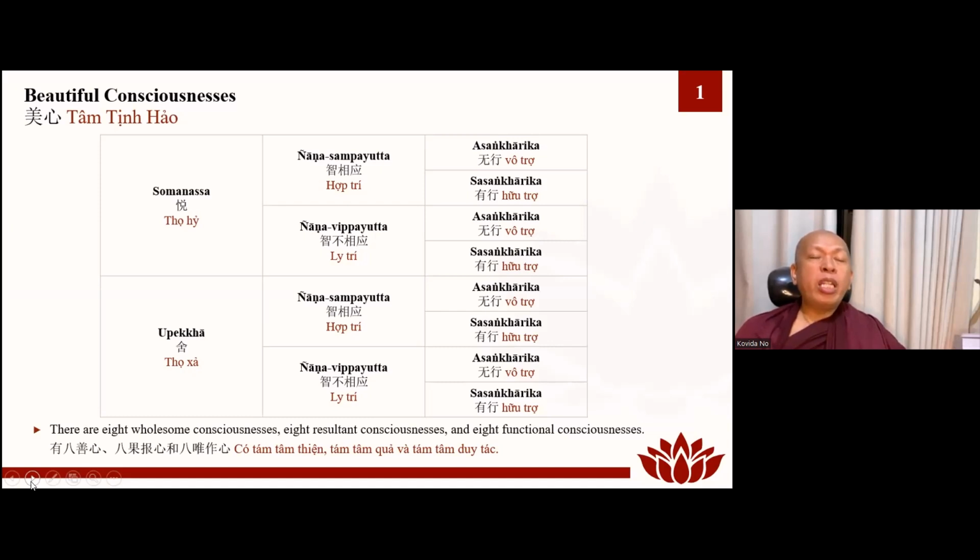So here we have many different types of knowledge. That means sometimes we know the benefits of doing, sometimes we don't know the benefit of doing. If we know the benefit of doing something, if we know how effective what we are doing is, then this is called nana sampayutta.